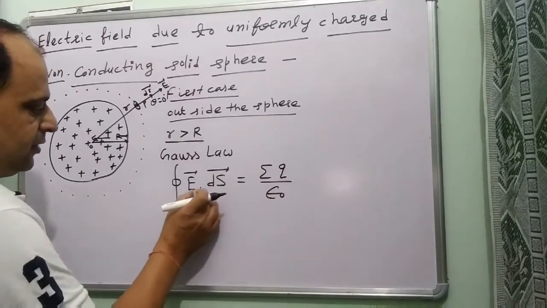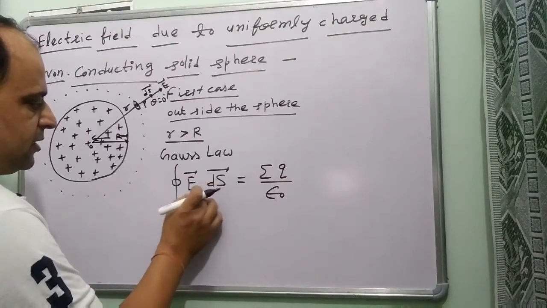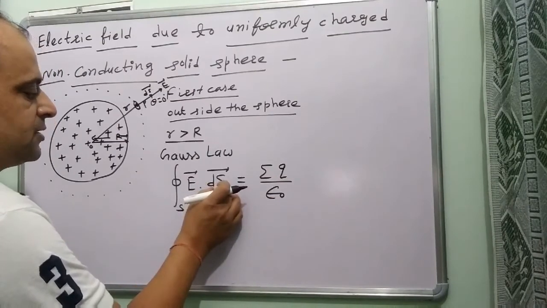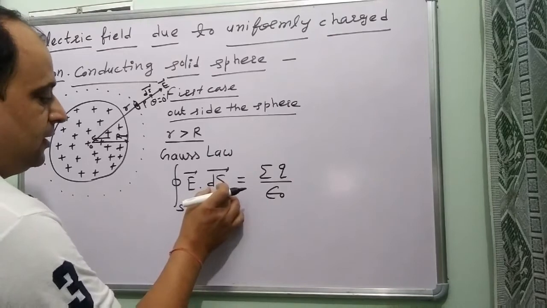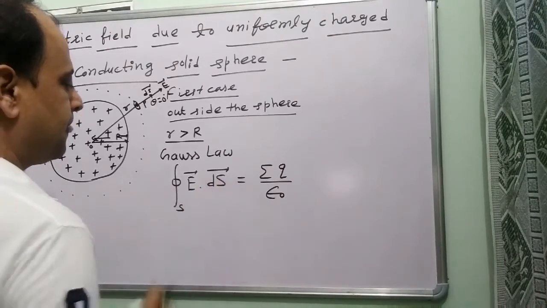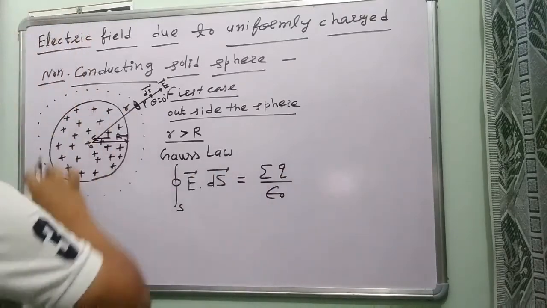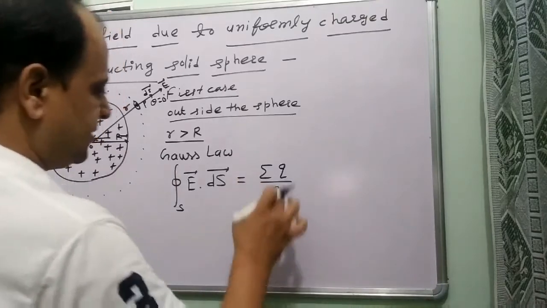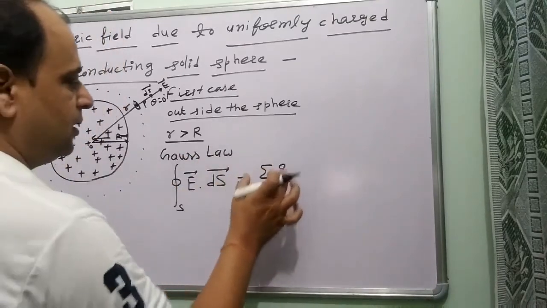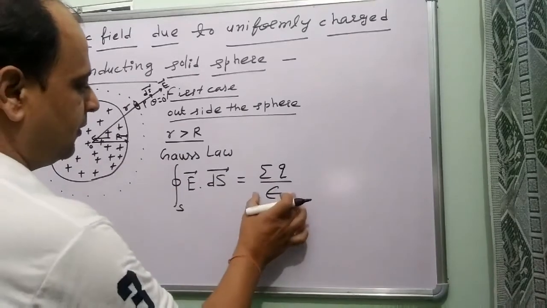E is the electric field, and the dot product involves the angle between the electric field and the area vector ds. Sigma q is the charge inside the Gaussian surface. Epsilon naught is the permittivity of free space.